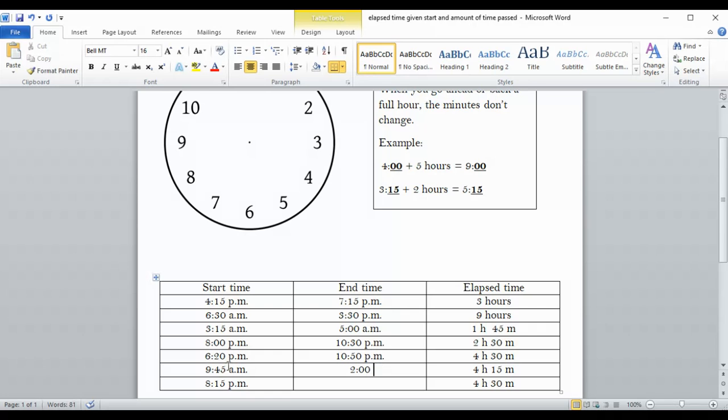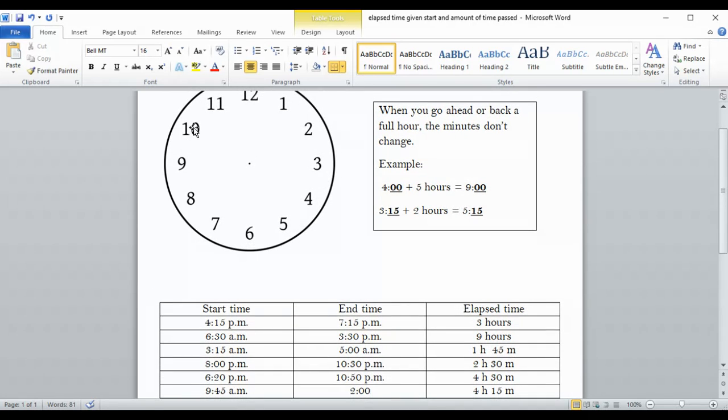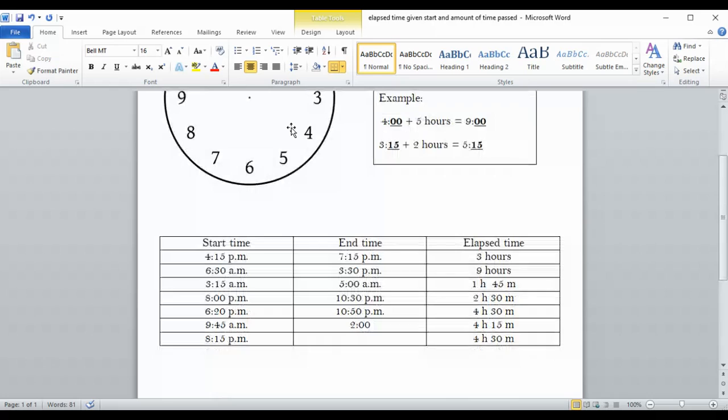And I went past 12 noon. I was at 9:45, 10:45, 11:45, 12:45, 1:45. So I went past 12 noon. So it changed from AM to PM. Now it's 2 o'clock in the afternoon.